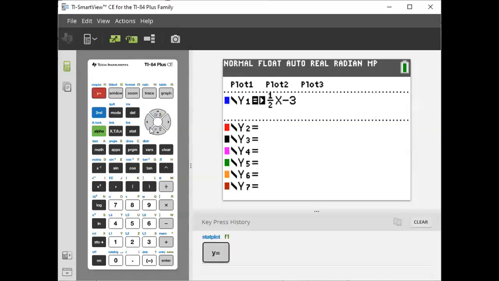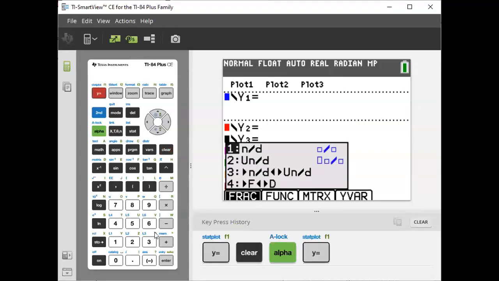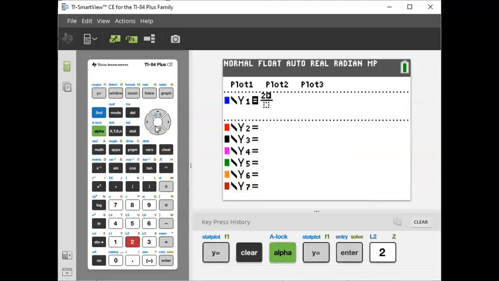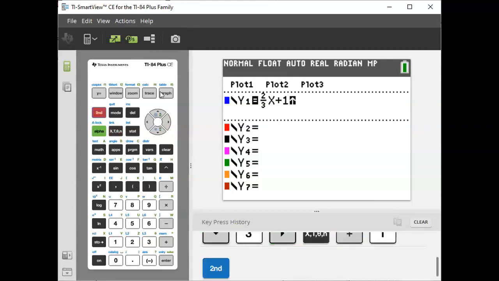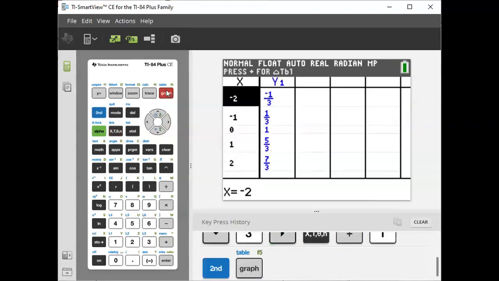We would go to y equals, alpha y equals, enter, 2/3 x plus 1. I'm going to hit second graph so I can find some points. I don't want to pick those ones that are fractions because that's going to be confusing for me to plot points.